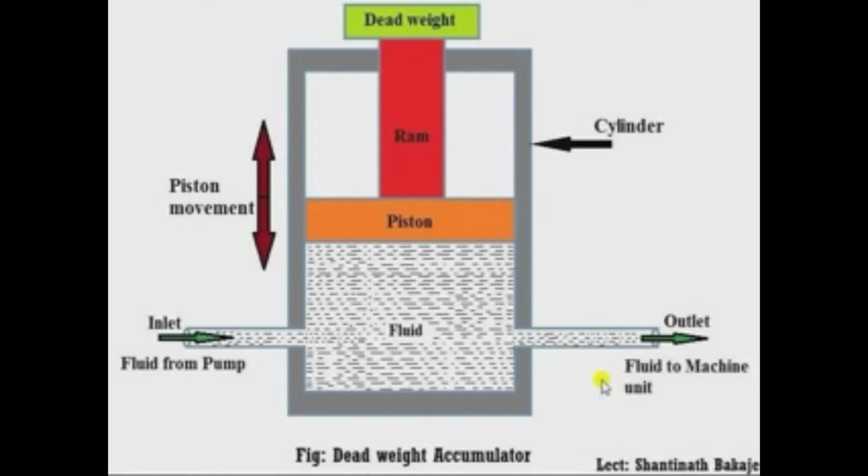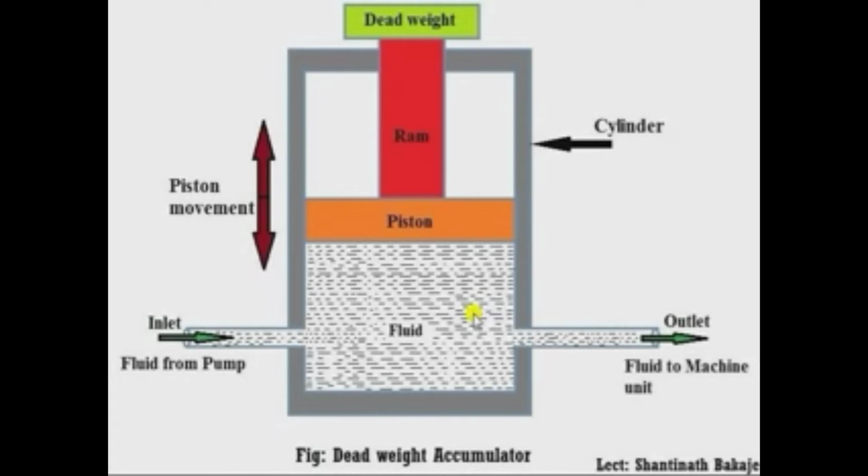When a driven unit or machine unit demands a maximum amount of pressure energy to do some useful work at the output from this accumulator, the piston, which is at the topmost position, will start moving towards the lowermost position. That is, the piston will start moving downward.